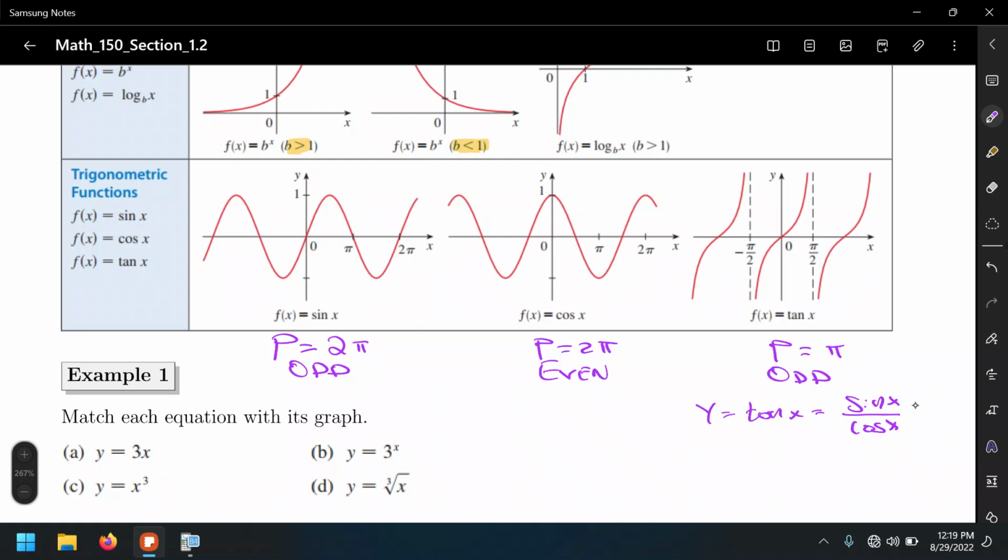Well, sine is odd, cosine is even. What do we get when we divide an odd quantity over an even quantity? It's going to be an odd one, right? So, okay.